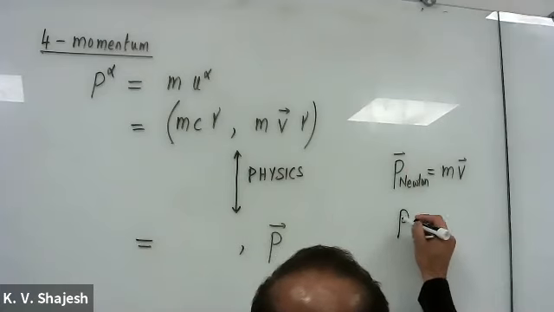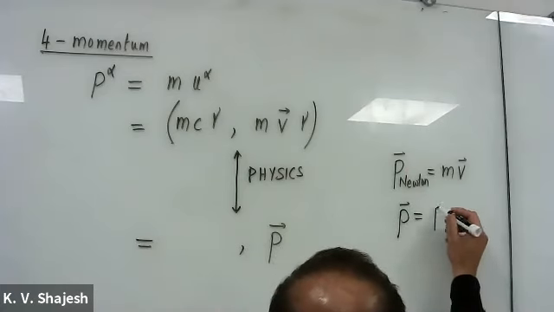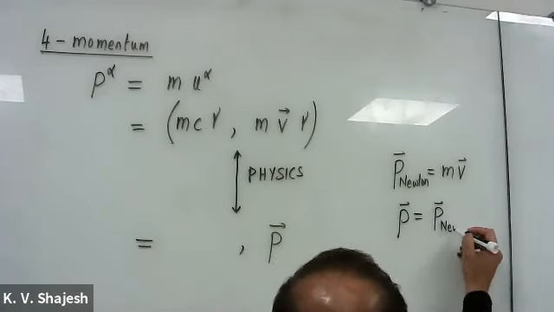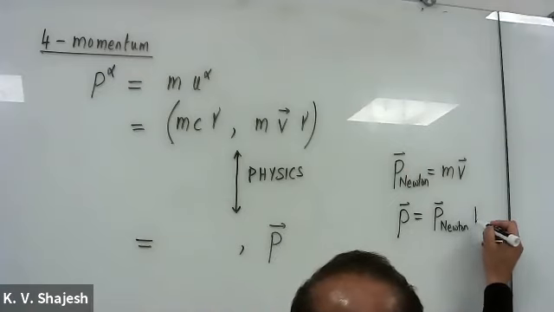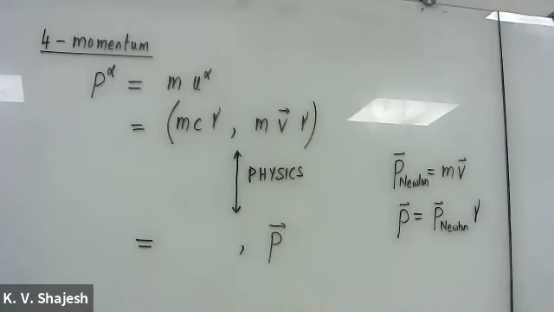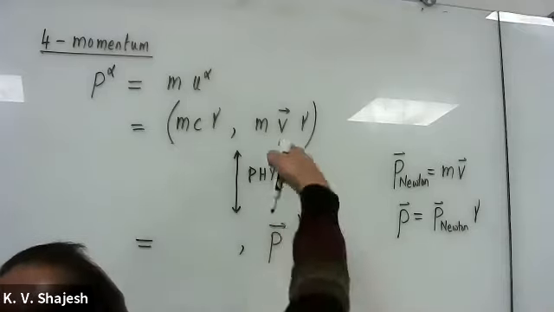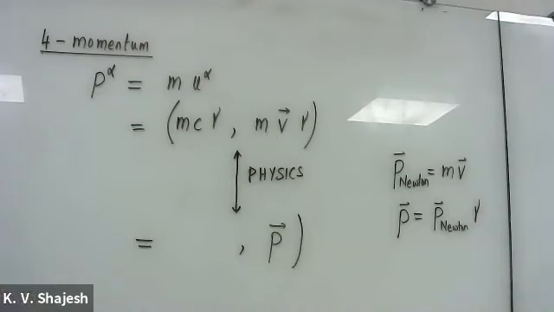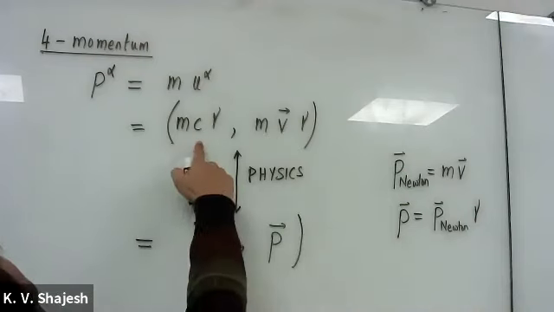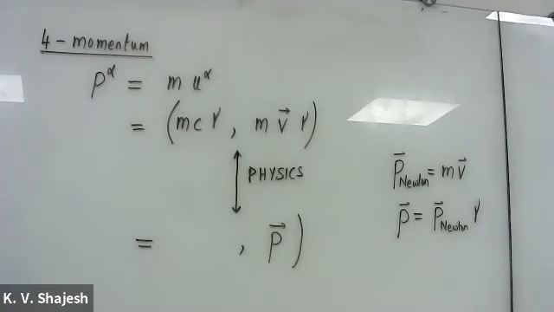So P is equal to P Newton times gamma. So that's a definition now, if you want, or connection with physics. And that leaves us with the component here.